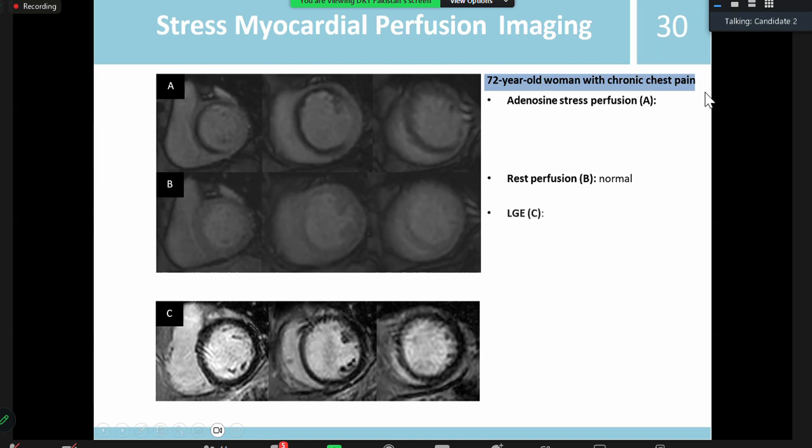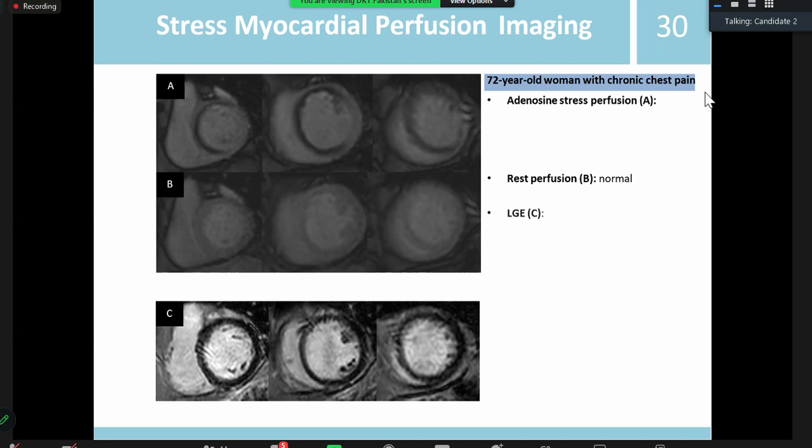So there is signal abnormality in the anteroseptal wall, and on the late gadolinium image, on the apical and mid myocardial images, there is thinning of this wall, however, I cannot see any area of delayed late gadolinium enhancement.